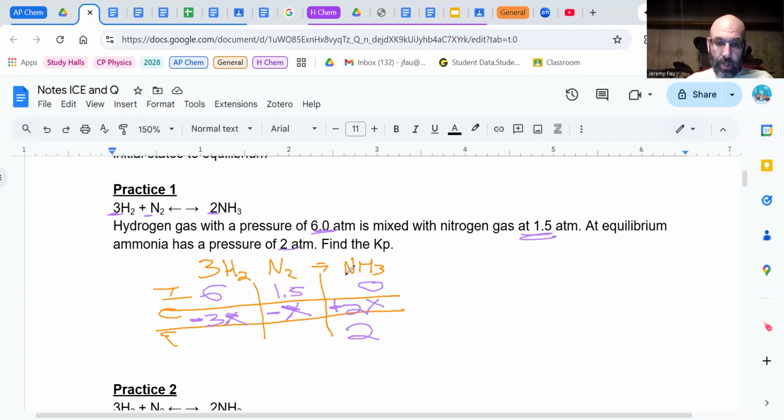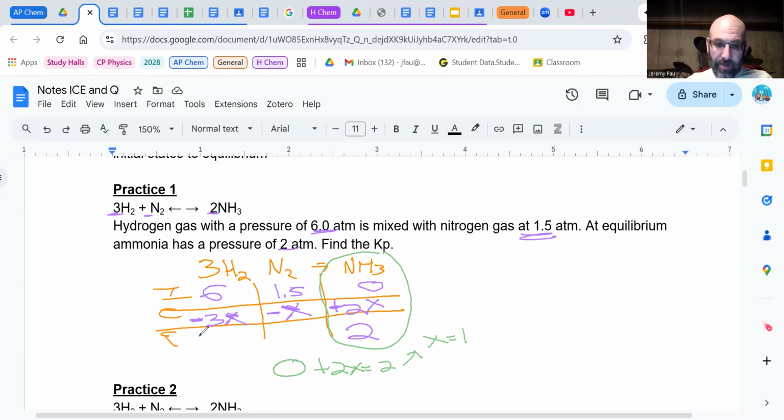Now, we know everything for the NH3, and we can write this as an equation. 0 plus 2X equals 2. Turns out we solve for this, X is 1. And now we can plug this into both of these.